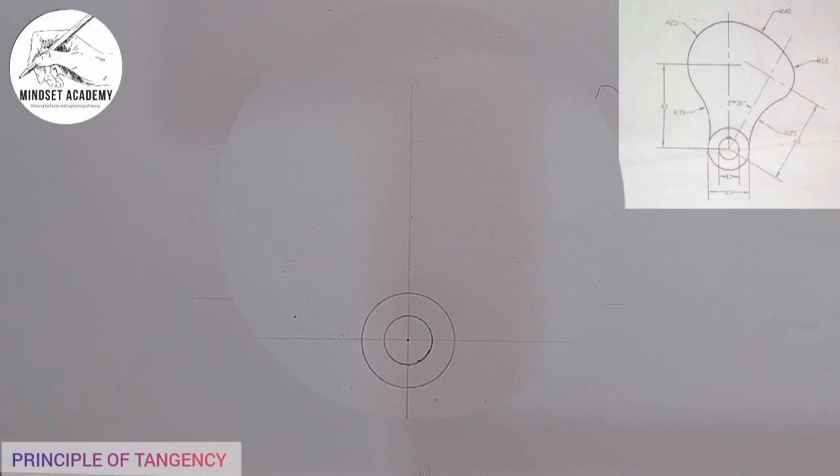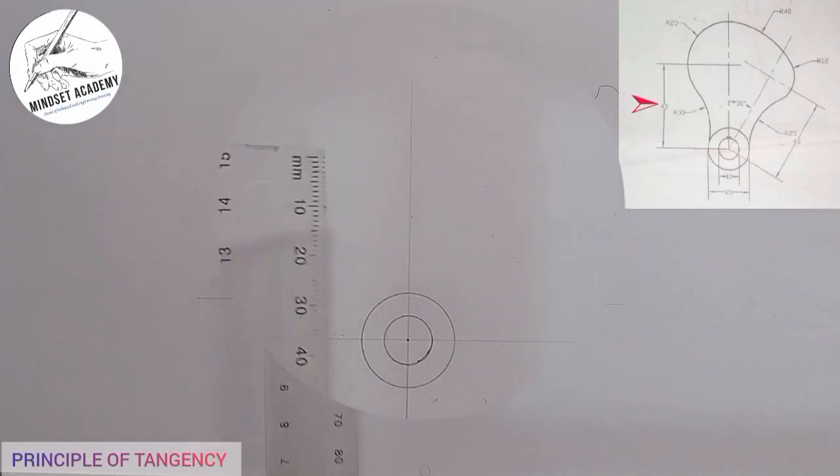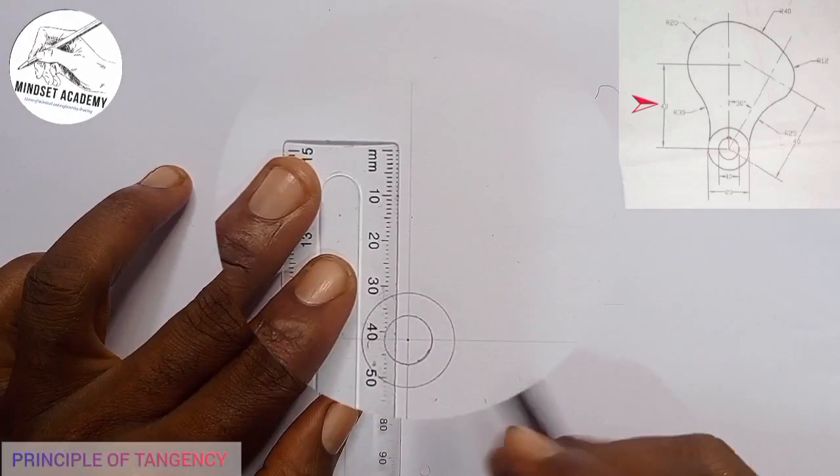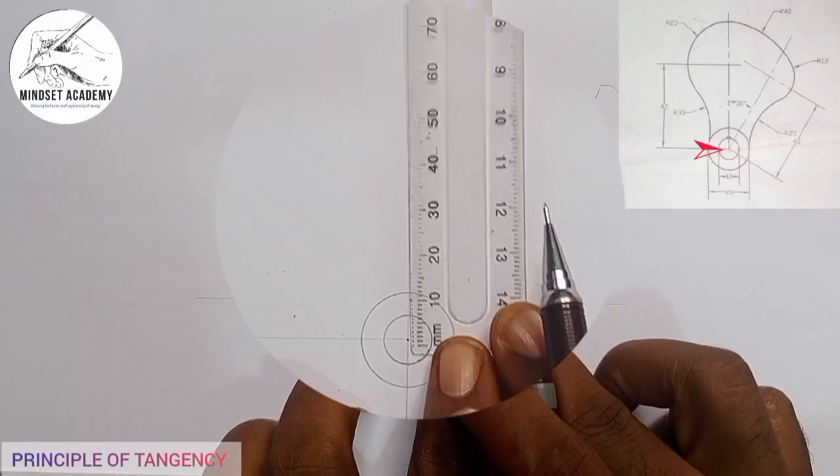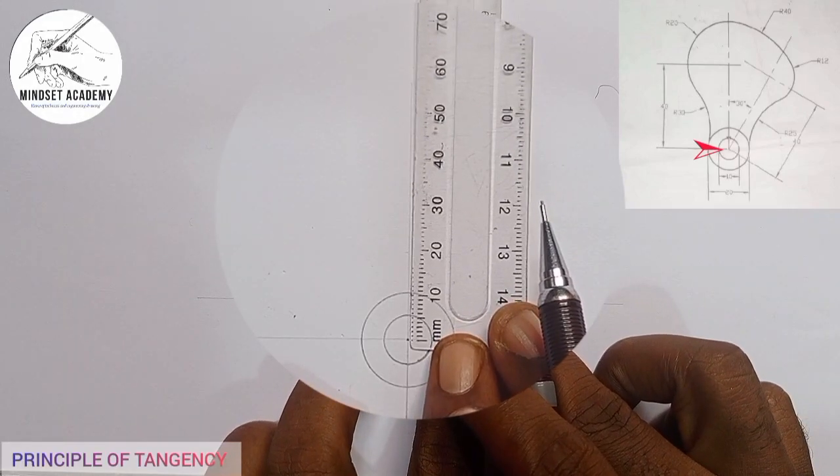Now the next thing is there's another center at this point here, right? To get to that point, I need to measure a distance of 40. That is from this center point to this point here, which is given as 40. So I'll measure 40 on my meter rule from that center. So from here, this is 0, right?